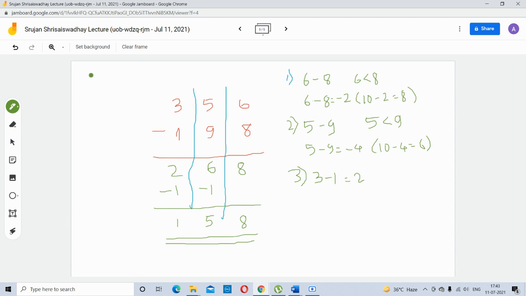This is the digit separation method which uses Ekanyunena. Okay, so this is how we are going to do the digit separation method. Okay, I hope you have understood it.